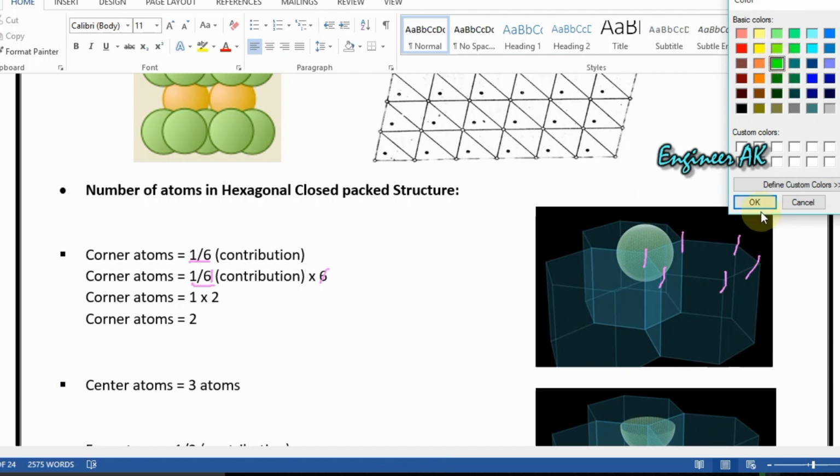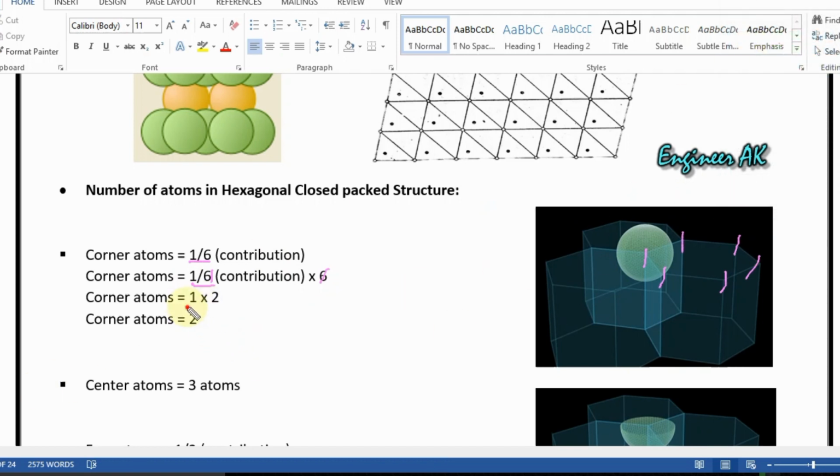And we can see that one plane is this one and one is below, so it will also have 6 atoms with a contribution of 1 over 6, right? So there are two planes, so I have multiplied by 2, so it comes out to be 2 atoms, meaning this plane and this plane combined contain 2 atoms, right?